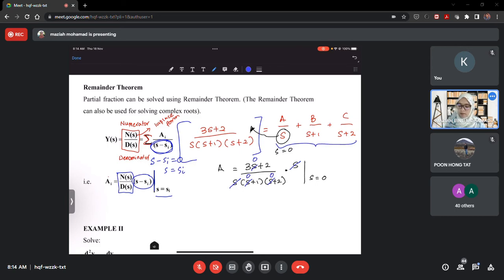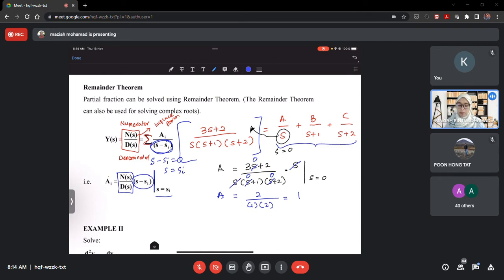So it will leave us with 3 multiplied with 0 is 0, plus 2, so 2 over, 0 plus 1 is 1, and then 0 plus 2 is 2. Therefore 2 divided by 2 is 1. So A is equal to 1. I hope you can follow.